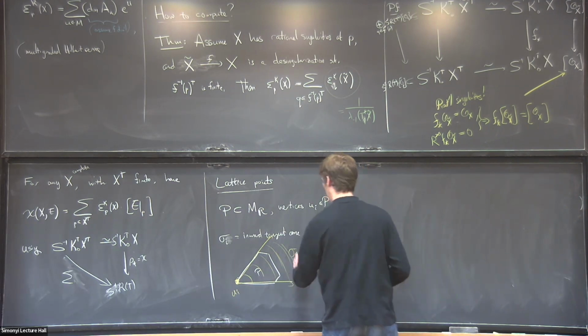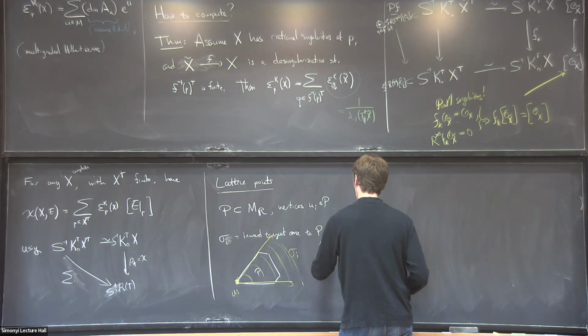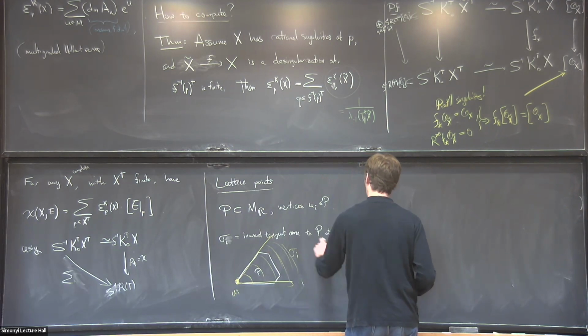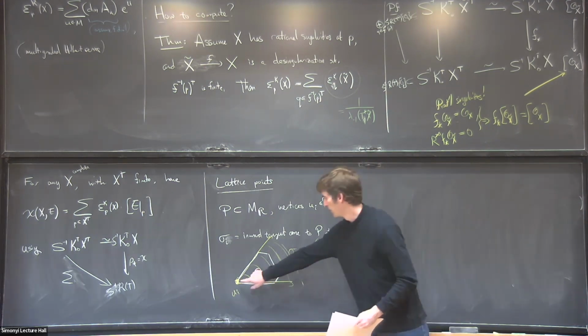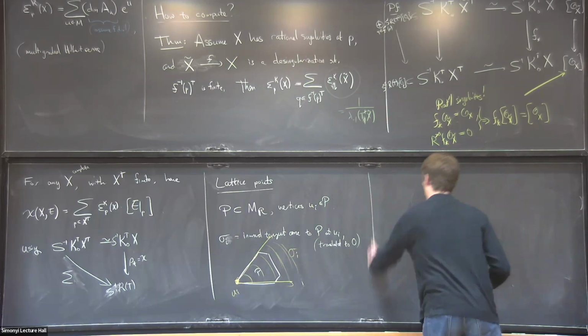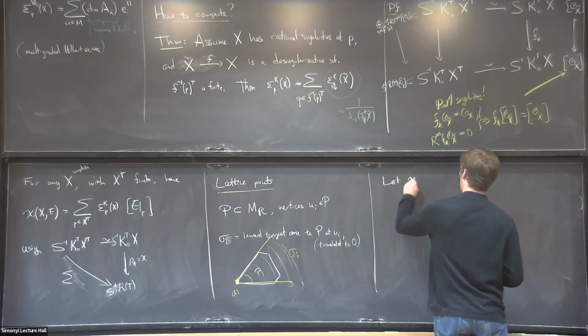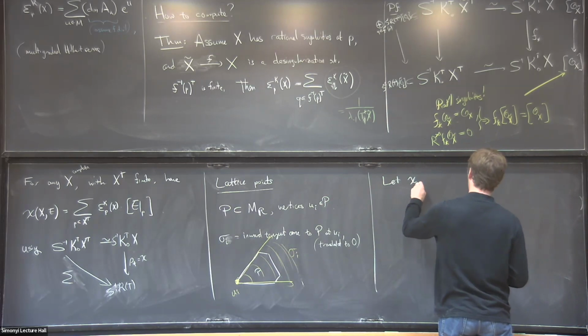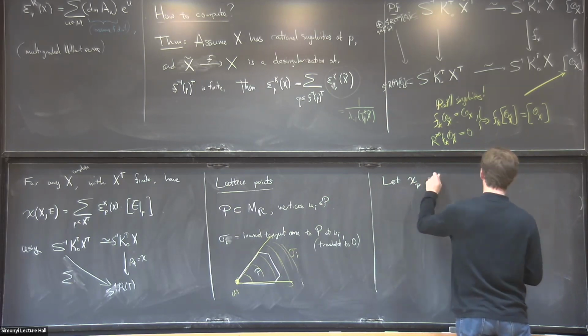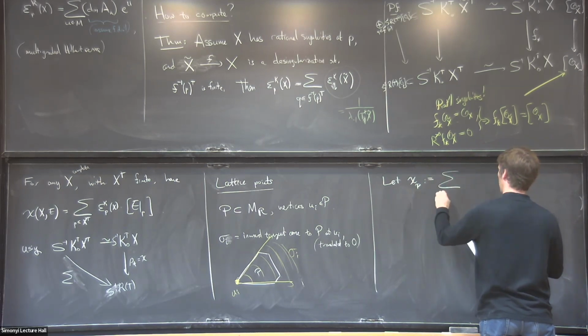And I guess I should say I want this to be translated to the origin. When I talk about sigma_i, it's like the natural cone, so that's the translated one. So then what's left? The chi of P, the generating function for lattice points in the polytope.